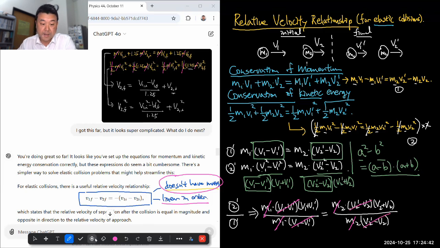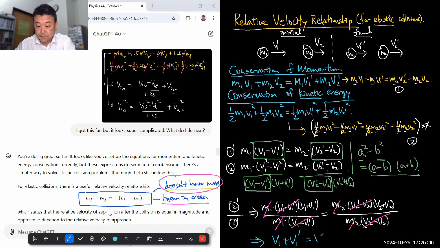So you are just left with this final expression, which is wonderfully simple. That v1 plus v1 prime, that is the sum of the velocities of object 1 before and after, minding the directions. If it's somehow moving to left, then you make it negative.